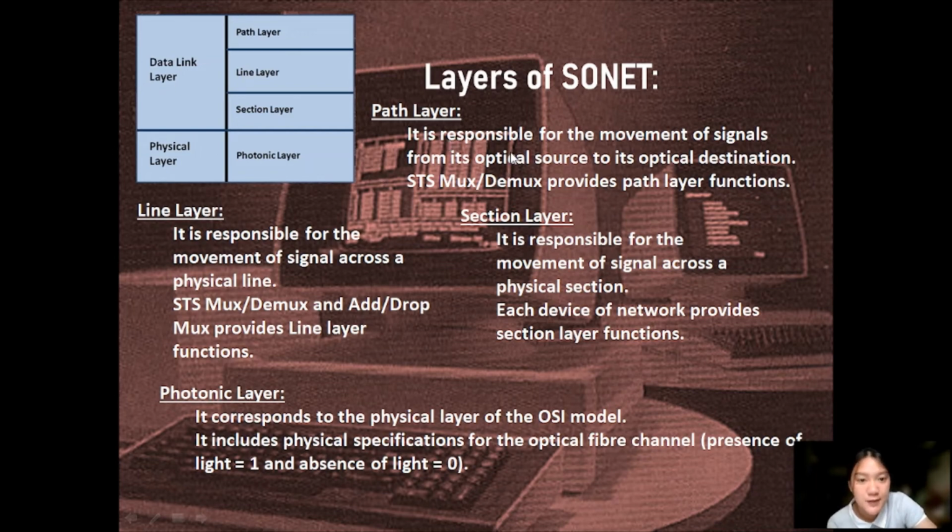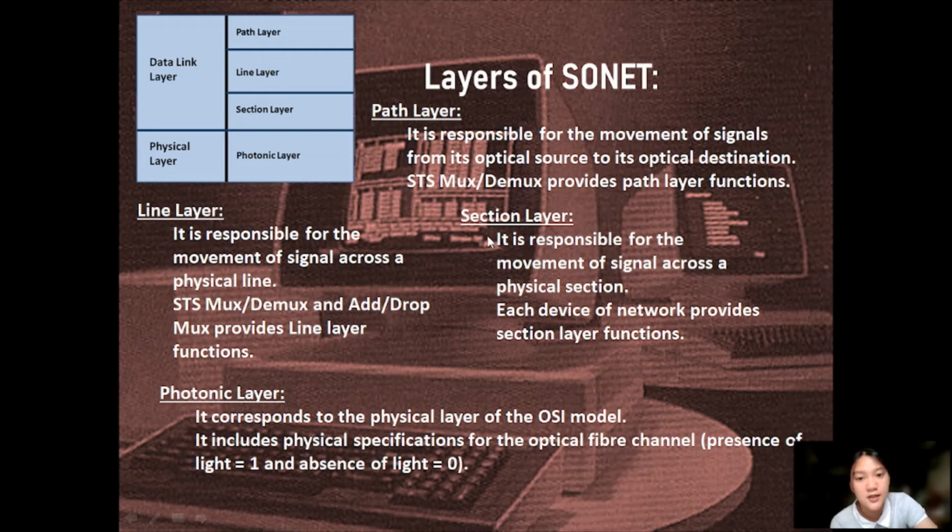It is responsible for the movement of signals from its optical source to its optical destination. STS MUX demux provides path layer functions. Next is the line layer. It is responsible for the movement of signal across a physical line. STS MUX demux and add-drop MUX provide line layer functions.